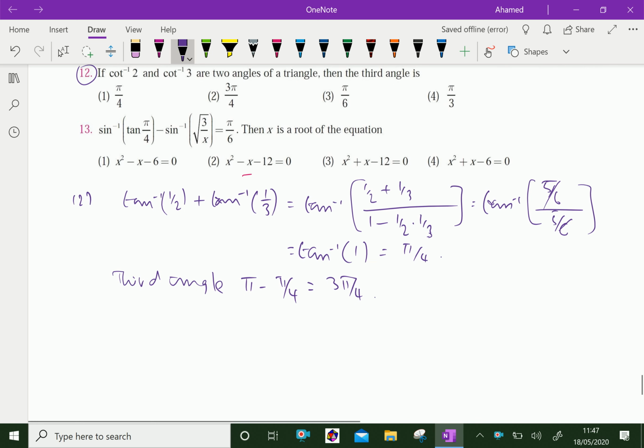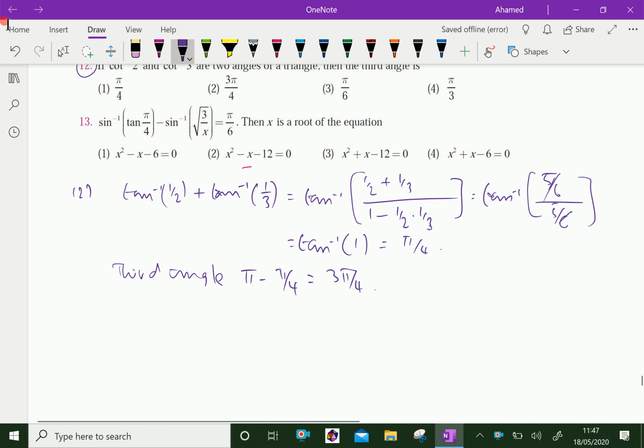Next is question number 13. Sine inverse of tan pi by 4 minus sine inverse of root 3 over x is equal to pi by 6, then x is the root of the equation.